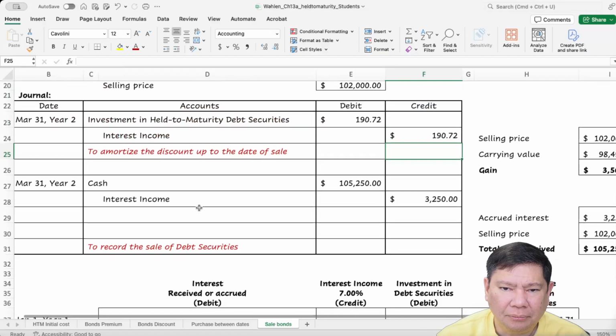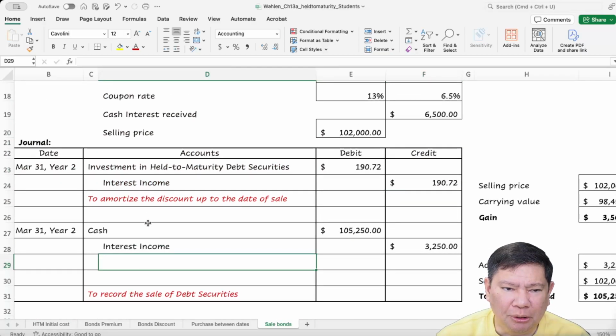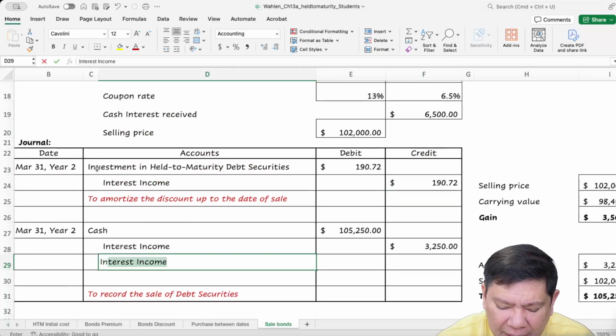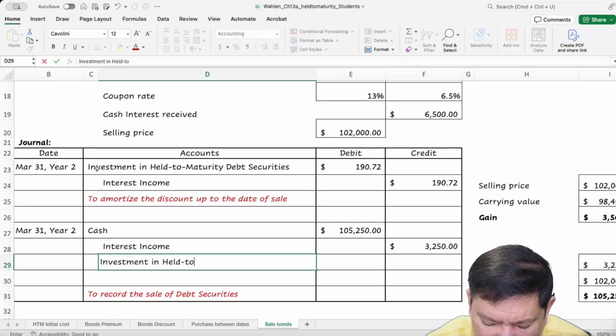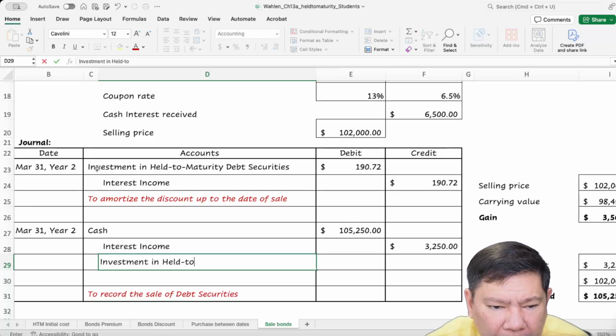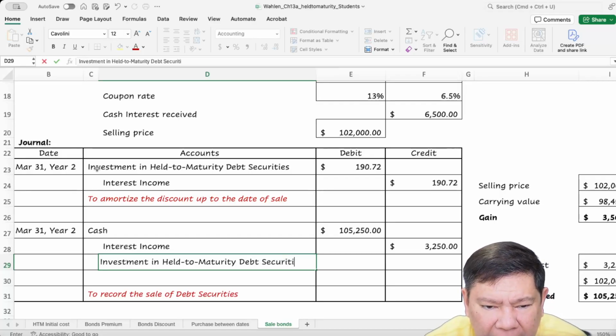Okay. And then because we're selling our investment, it's no longer on our balance sheet in held to maturity debt securities.